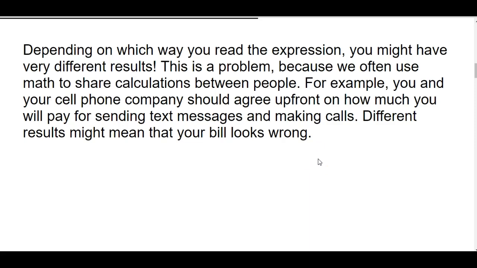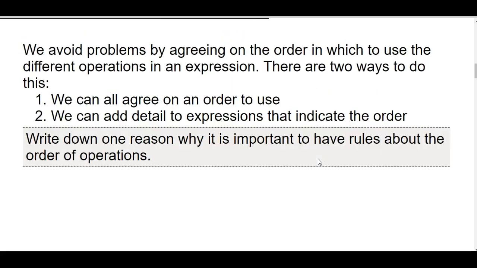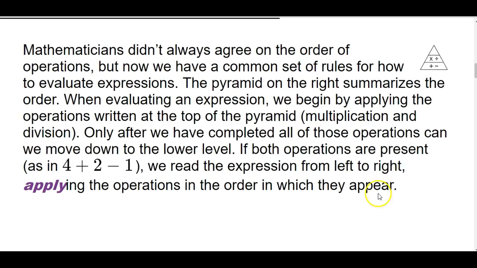So it's important that everybody who uses math and tries to communicate using math has the same method for communicating about math. Okay, so how do we avoid problems? We make sure we agree on the order, right? First of all, we all agree on the order, and then we add detail to the expressions that indicate the order, right?